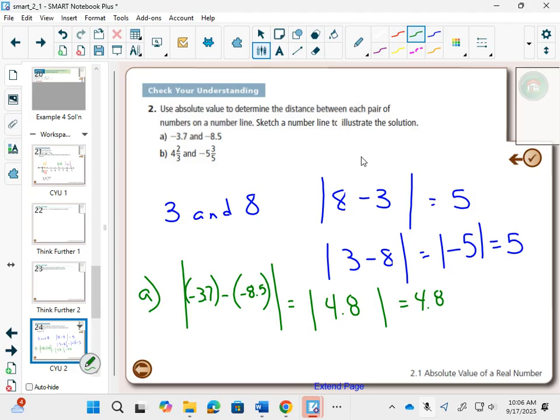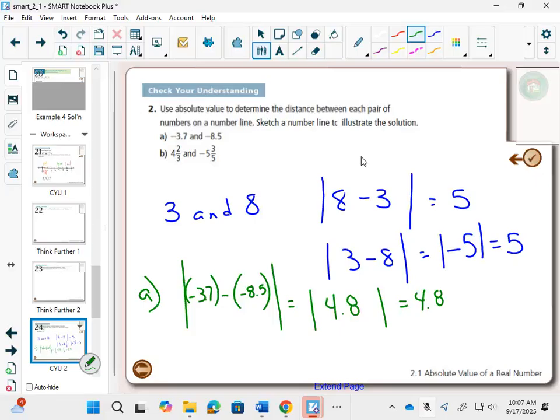So my absolute value bars here are saying I'm finding a distance. Mathematically, once you get a single number, it makes it positive. Okay? It's important that if you want to use the shortcut that absolute values make numbers positive, that's only true once you've got a single number. I can't just change all of these negative signs to positives right at the beginning.